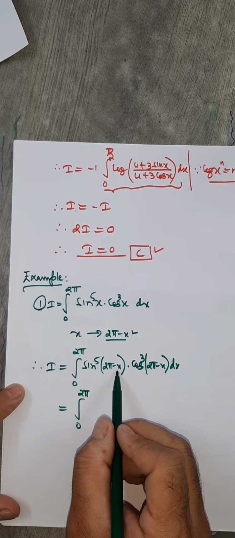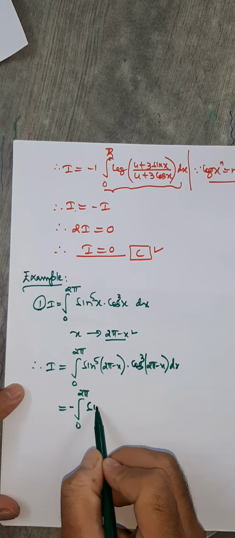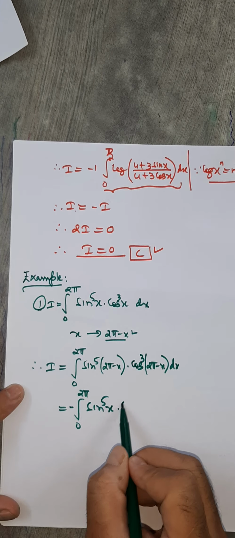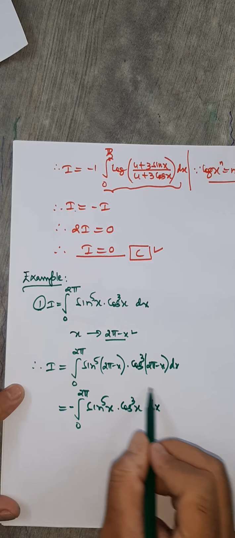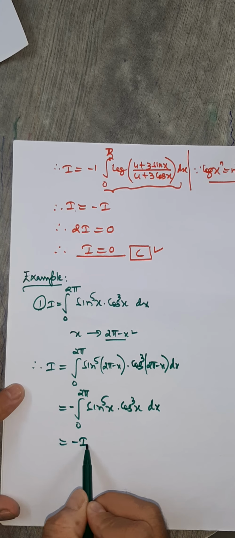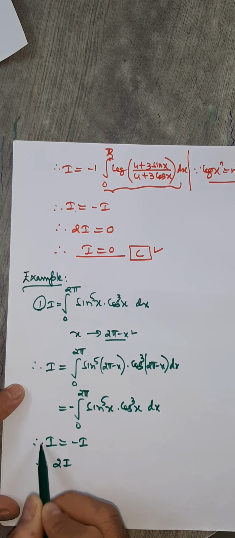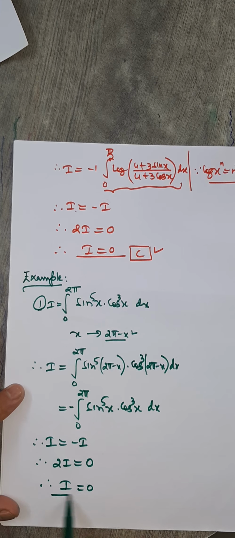Which quadrant is 2 pi minus x? Fourth quadrant. Sine is negative, and here your odd power, so minus sine raised to 5. Fourth quadrant cos positive, so cos cube x dx. Now this is in turn again I, so I equals minus I, therefore take on the left hand side, 2I equals 0, therefore I equals 0.